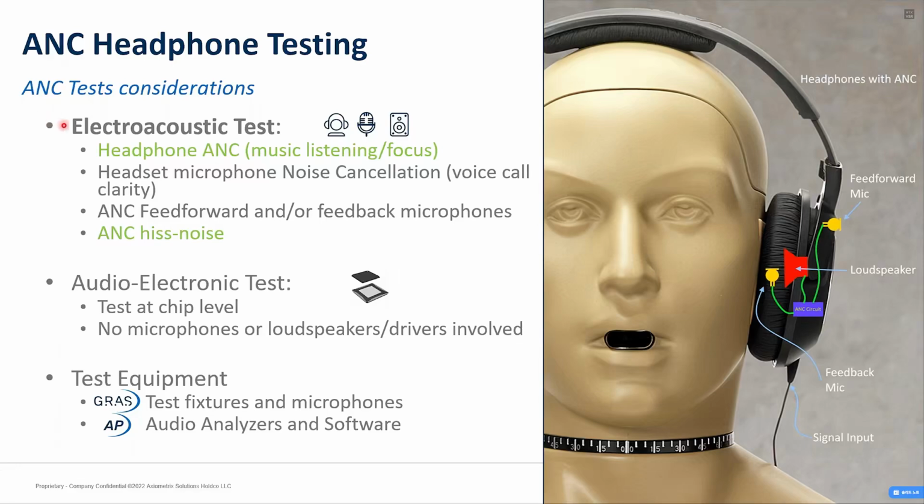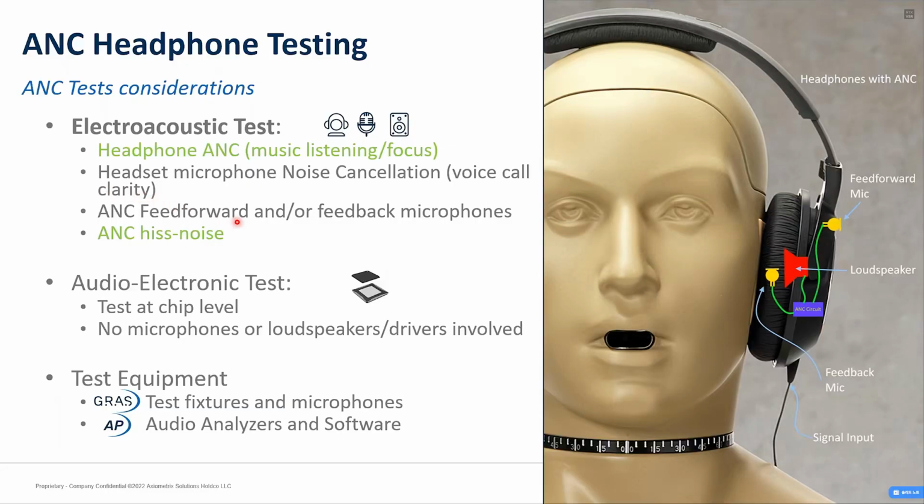Today, we're going to talk about headphone ANC in electroacoustical test setups. Now that we're talking about headphone ANC, and especially for the people that are getting introduced to the topic, there are different ways we can make our ANC circuits, and that would be by using different types of microphone techniques.